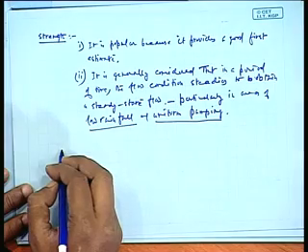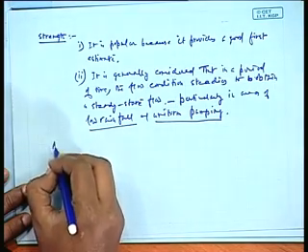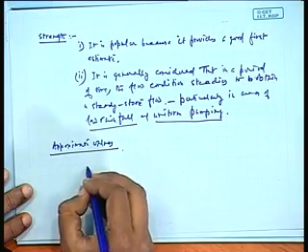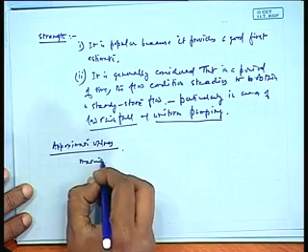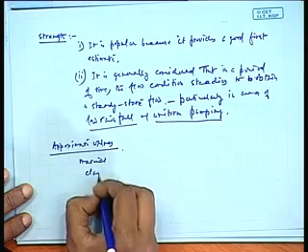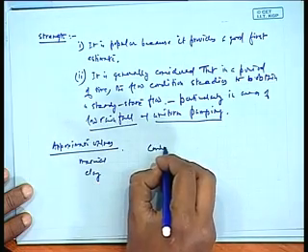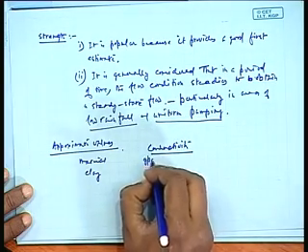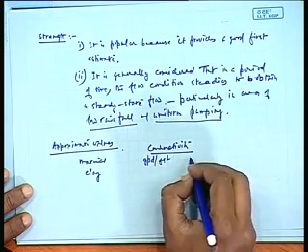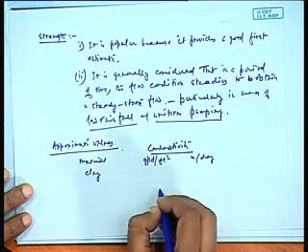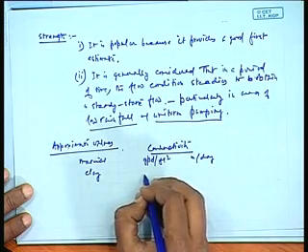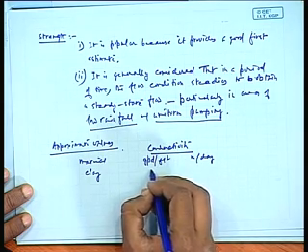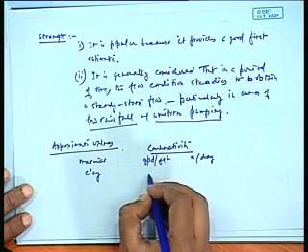Okay. Another important thing is that there are some approximate values of hydraulic conductivity that we will discuss. Material is clay, the conductivity is, in gallon per day per feet square, and in meter per day, 0.01.